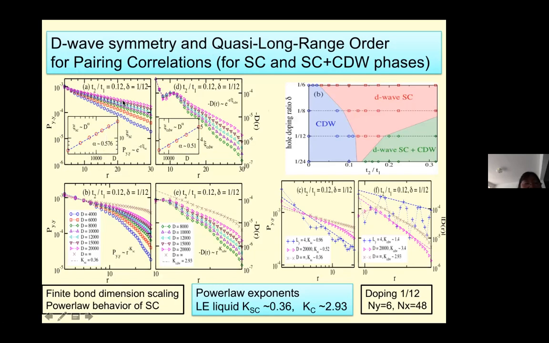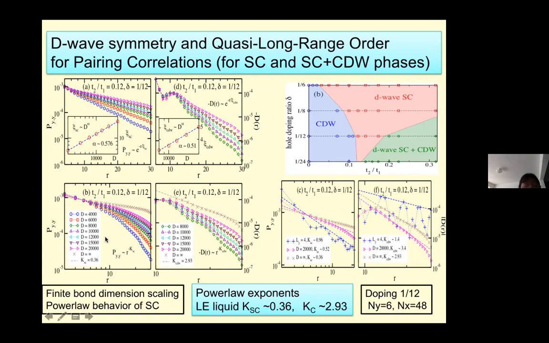That means even for our largest bond dimension, we see exponential decay of the pairing correlation. But the correlation length increases not linearly, not in parallel with bond dimension. And at our largest bond dimension, the correlation length for pairing is about half of our system length, and it has a trend of divergence with bond dimension.